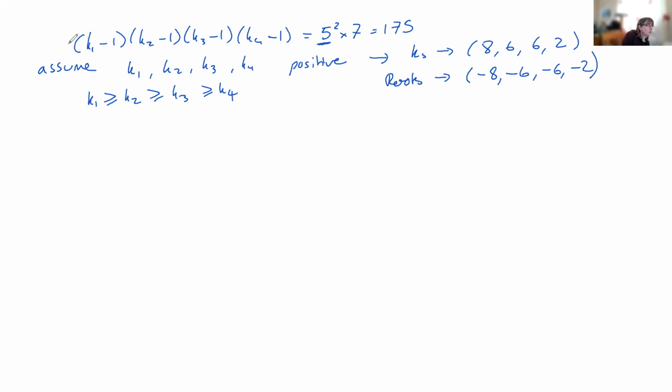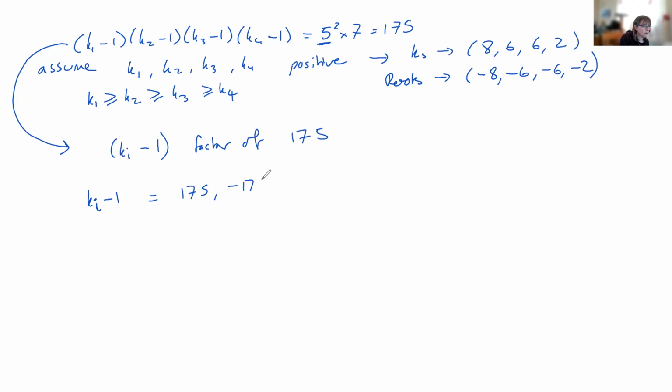So using this result here, we know that our ki minus 1, where i could be 1, 2, 3, or 4, has to be a factor of 175. So if we're going to consider negative numbers as well, ki minus 1 could be 175 or minus 175.